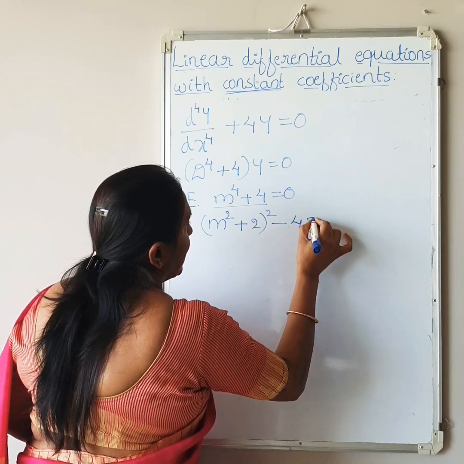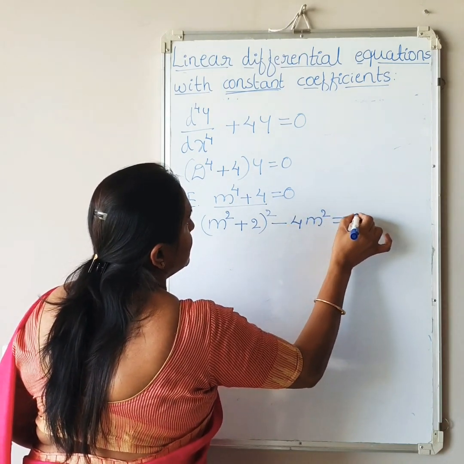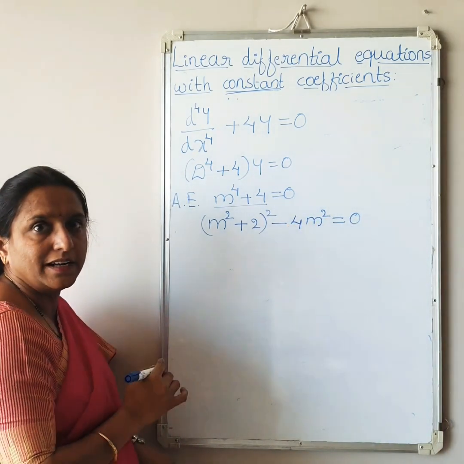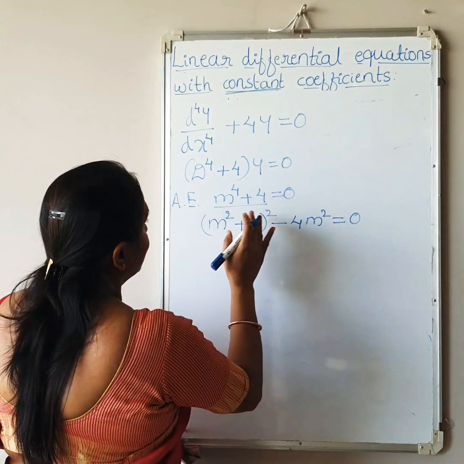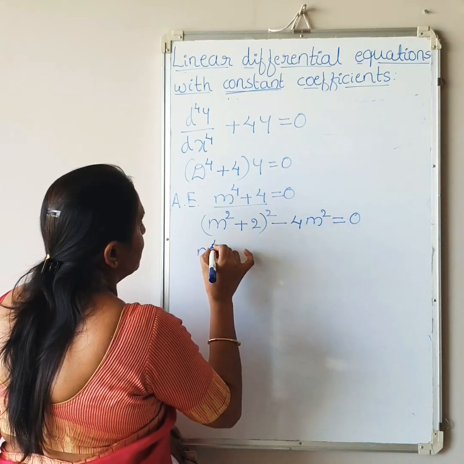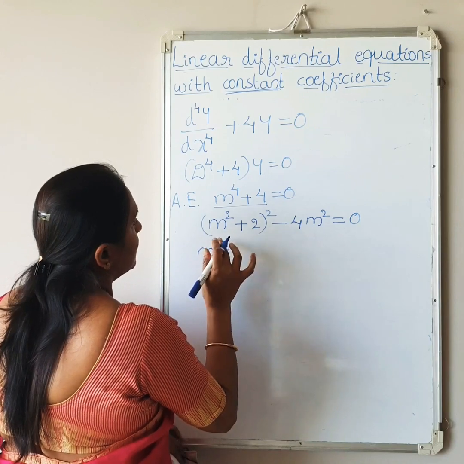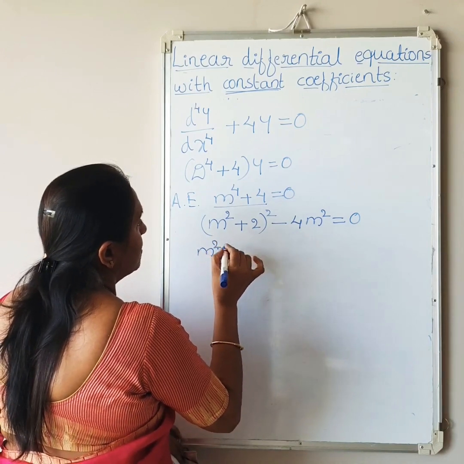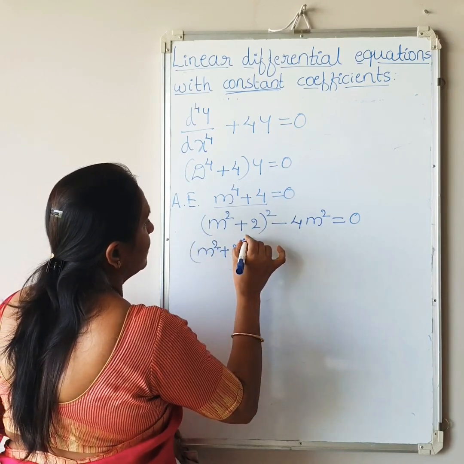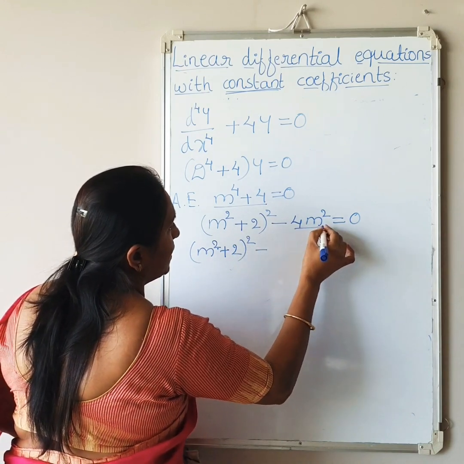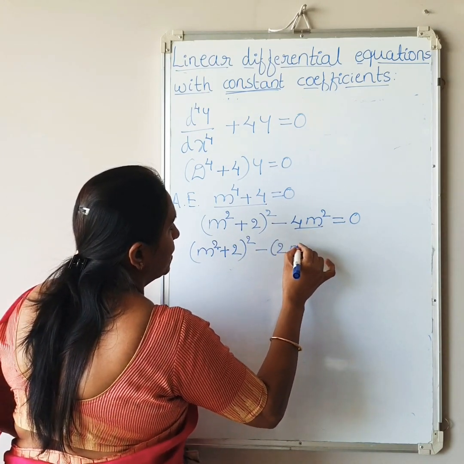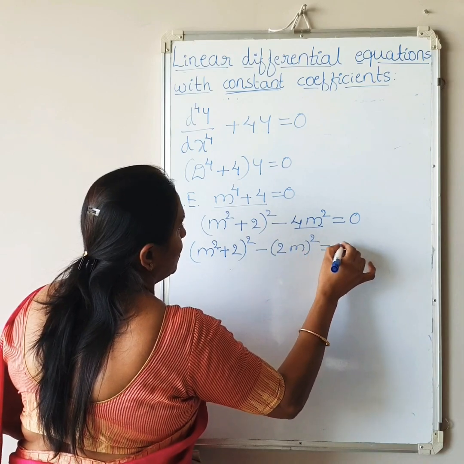So I'll subtract that 4m square. This is the adjustment you have to do. Then here it is m raised to 4 plus 4, or else m square plus 2 whole square minus this one, we can write as 2m whole square is equal to 0.